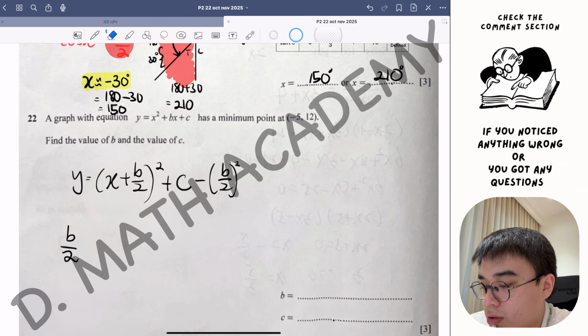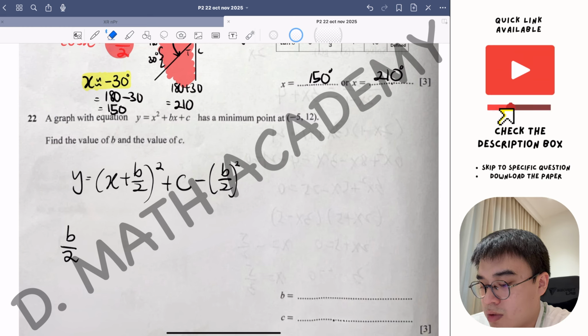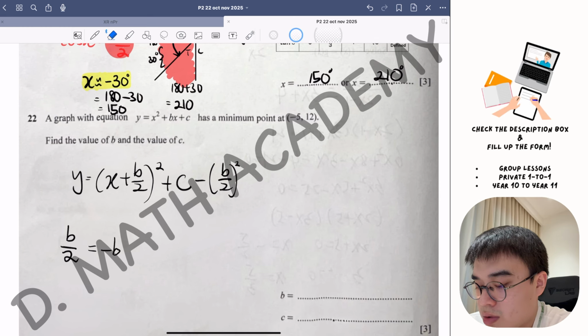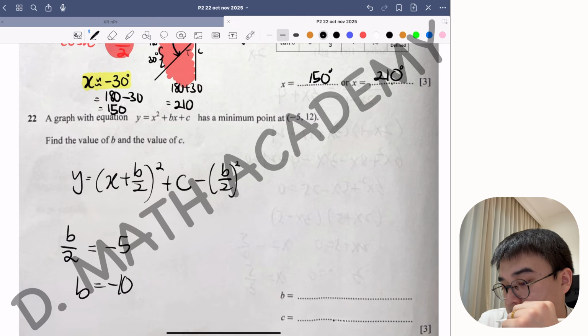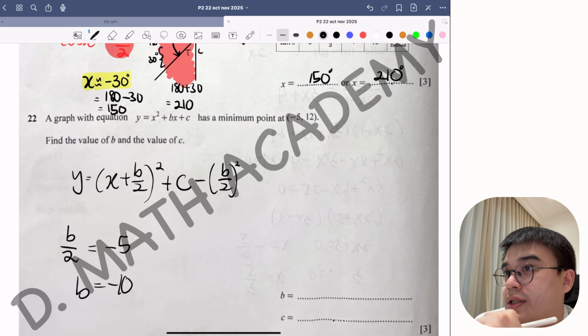And then my b is negative 10 in this case, which doesn't make sense.